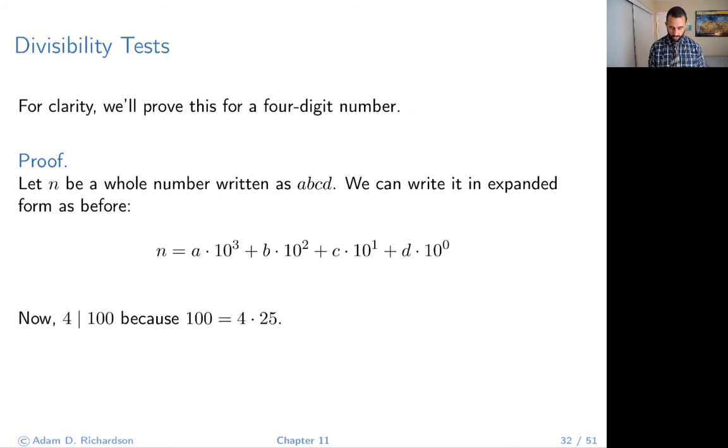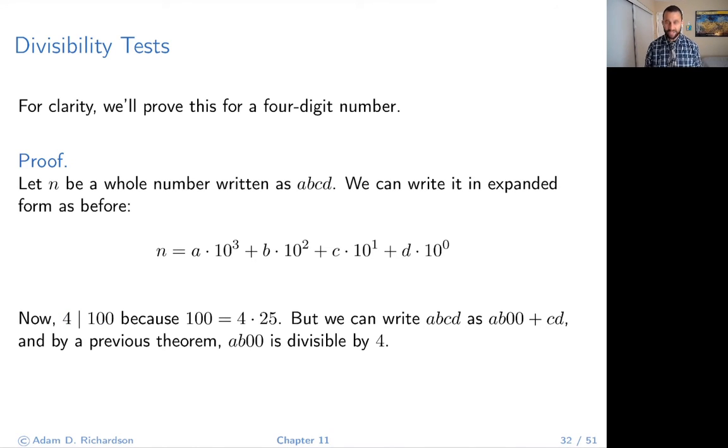We know that 4 divides 100, because we can write 100 as 4 times 25. Remember, this is the definition of what it means to be divisible: I can write that number as a multiple of the divisor. There's all that vocabulary: factors, divisors, multiples. But here's the cool part. We can write this as AB00 plus CD.